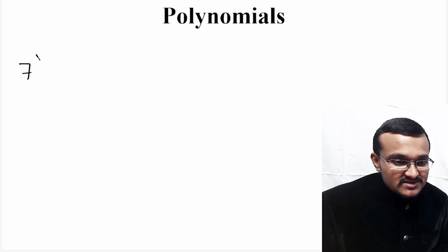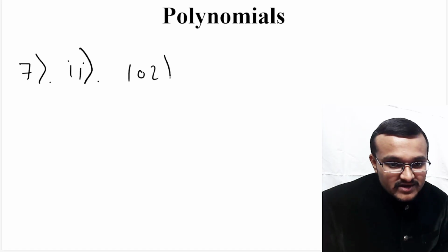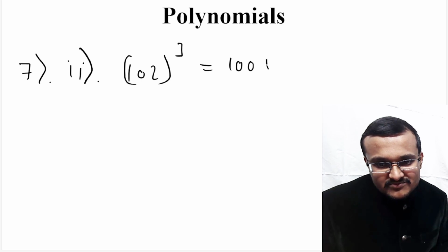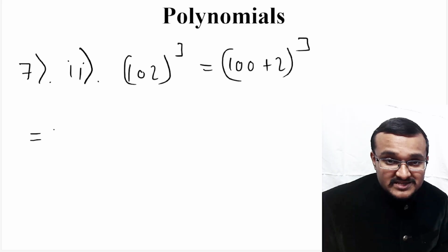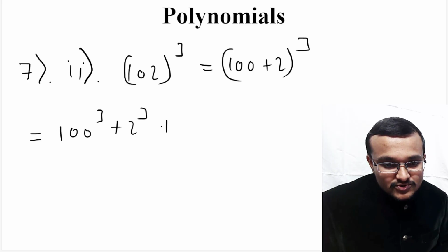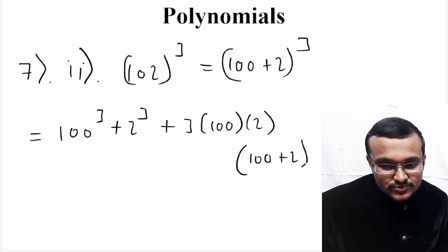Now we will look into the second question in this particular seventh question. So in the second question you have 102 whole cube. So again this you can write as 100 plus 2 whole cube. So this is in the form of x plus y whole cube. So 100 cube plus 2 cube plus 3 into 100 into 2 into 100 plus 2.